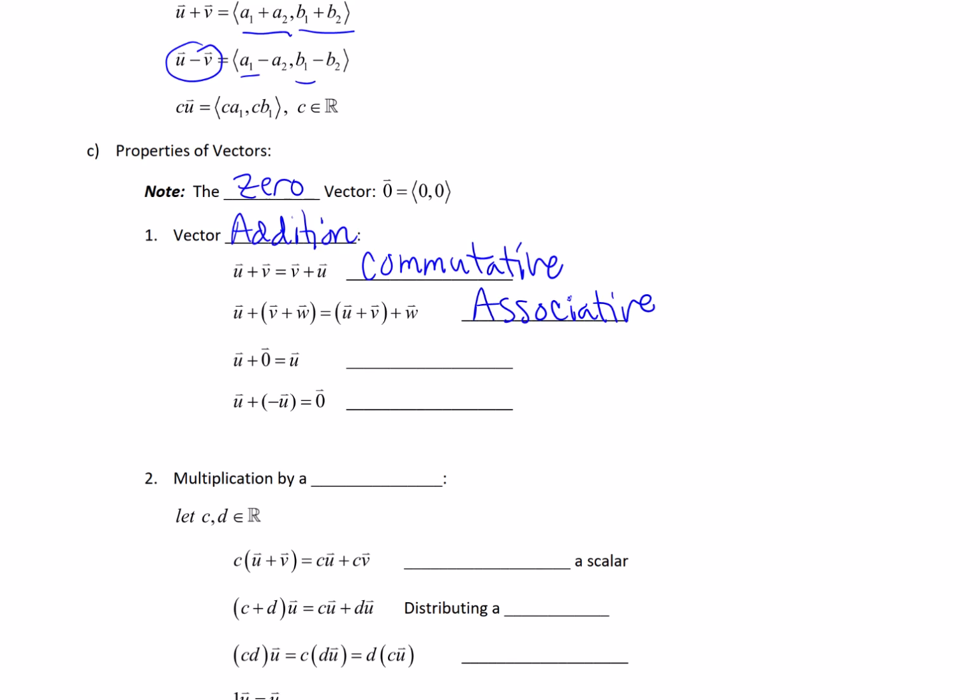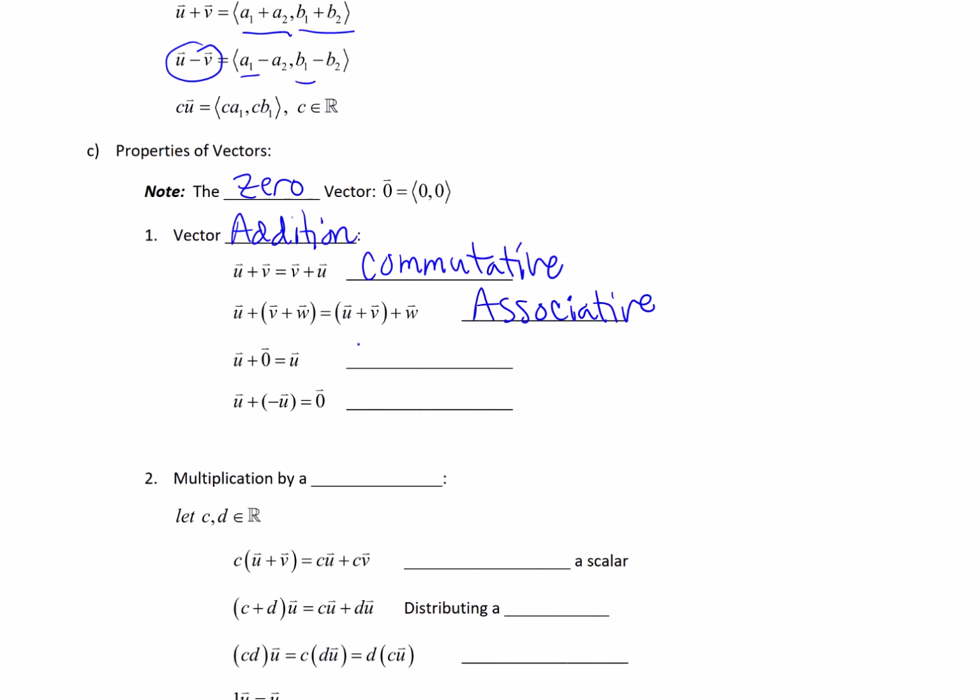Or thirdly, if you had vector u plus the 0 vector, remember we defined the 0 vector above as having just 0 components, 0 for the horizontal, 0 for the vertical. If you have vector u plus the 0 vector, notice it's not a real number 0, it's the 0 vector, then it's equal to just vector u. In other words, adding 0 does nothing to change the vector, which is probably not that surprising. Now, there's a name for this if you go back to some of the familiar language in arithmetic or algebra.